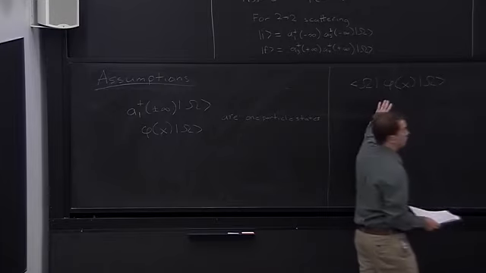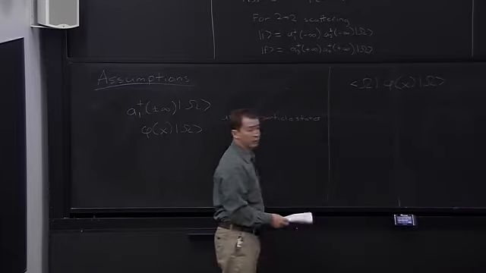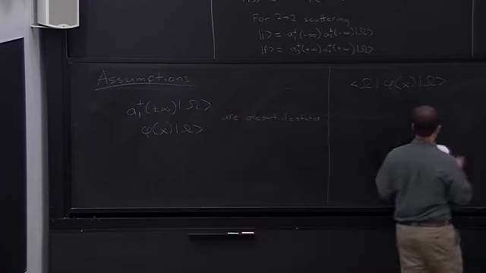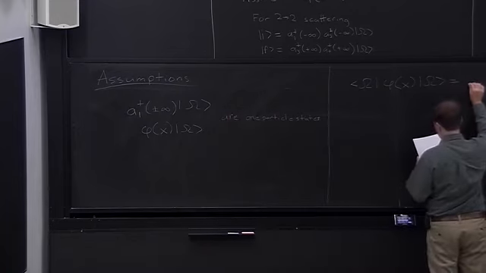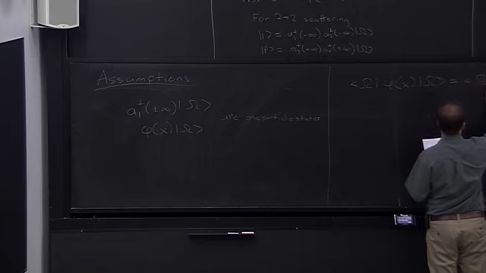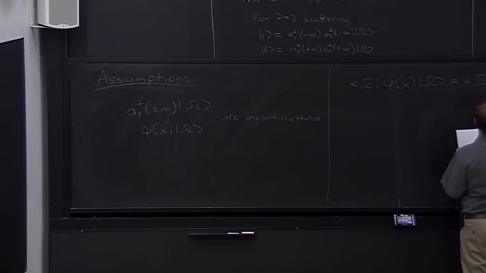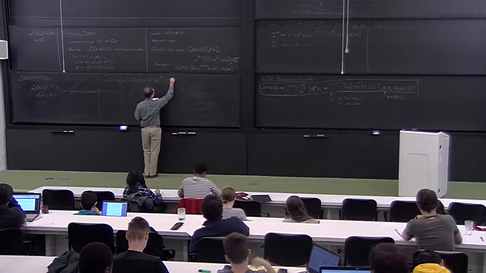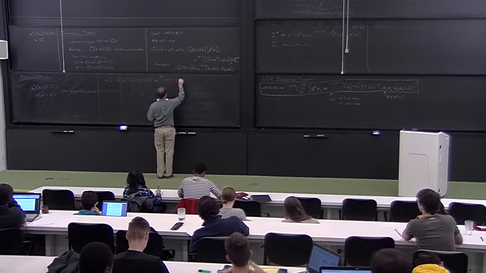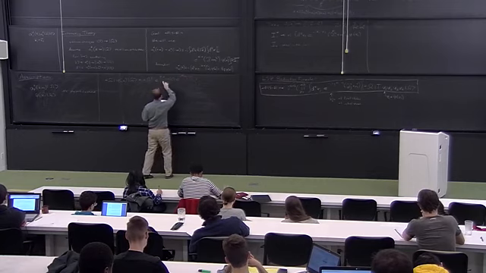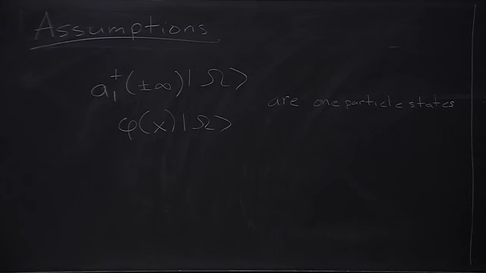So what can we do with this? We haven't specified our theory, so there's not a lot. One thing we can do is rewrite phi of x as e to the i p dot x, phi of 0, times e to the minus i p dot x, where here these p's are the momentum operators.